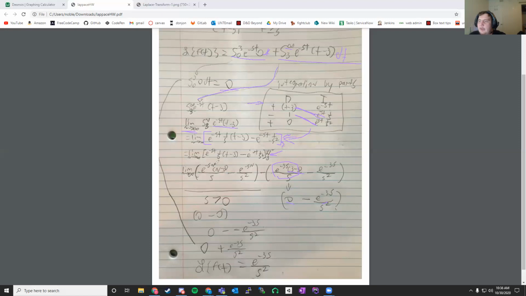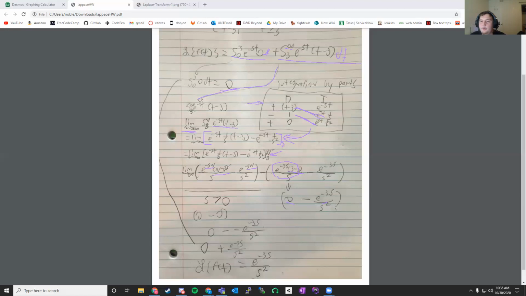Fairly straightforward. This left side, though, has 3 points of interest here: e to the negative sn, n minus 3, and e to the negative sn. All 3 of these points can cause our function to be infinite. Like if it was e to a positive infinity, that would be just infinity, and same thing over here.